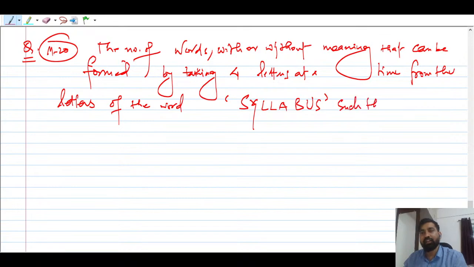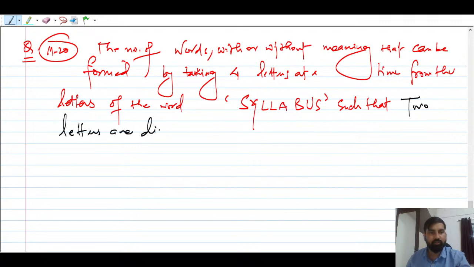Such that, now they have given some condition also, so this condition will help you make the cases easier, right? So there will not be many cases, simple. Such that 2 letters are distinct, and 2 letters are alike.